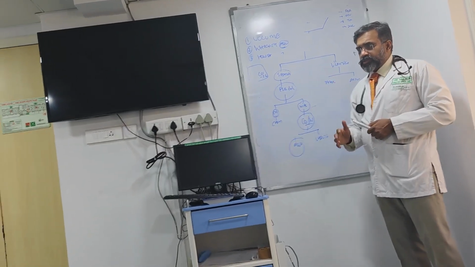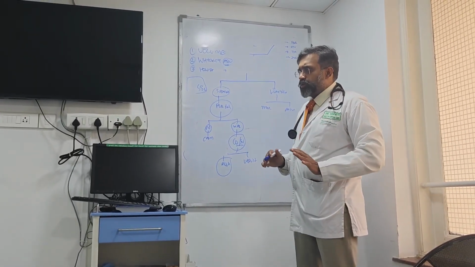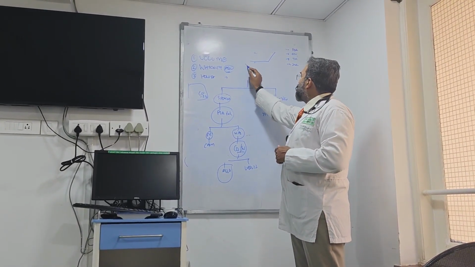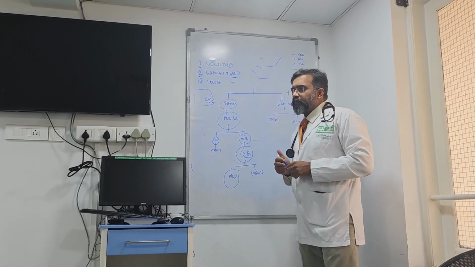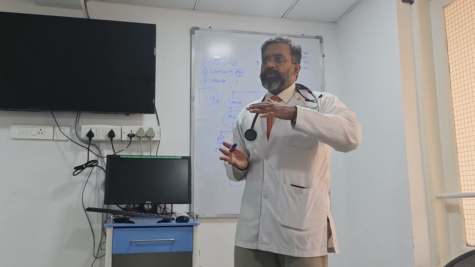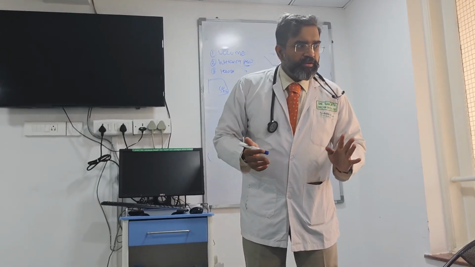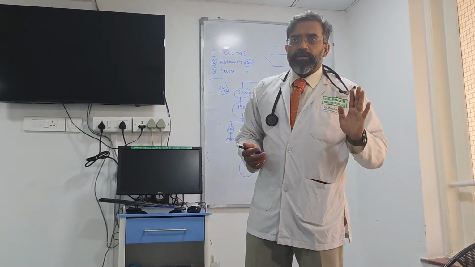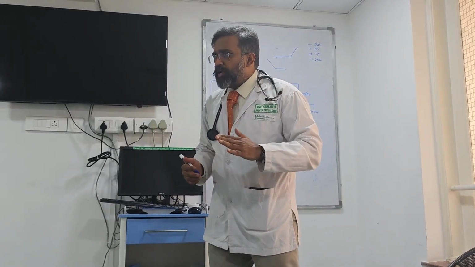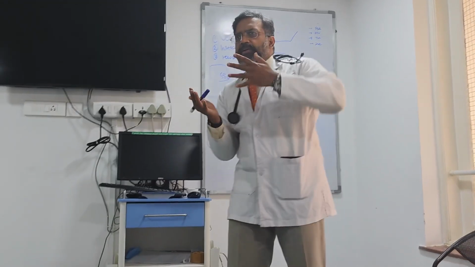Ideally, what is supposed to be done? Ideally, without upsetting anything on this patient, the patient should be converted to a position like this. That means the bed should simultaneously move down and raise the leg. That is the original PLR. But we don't have such beds.